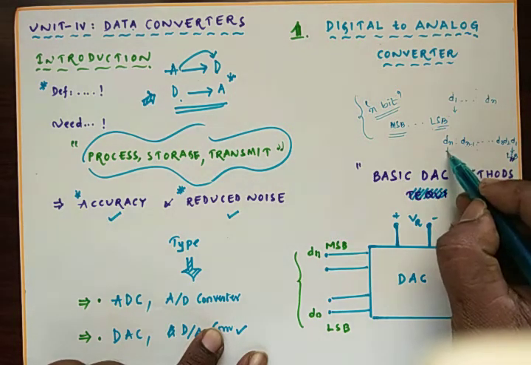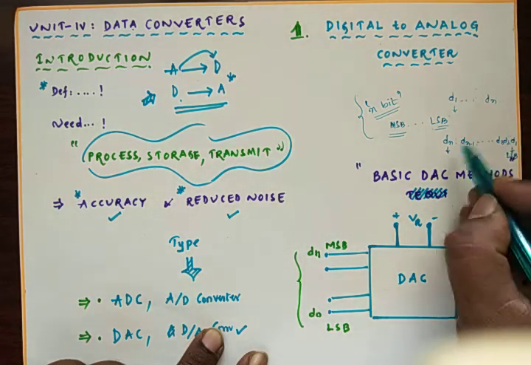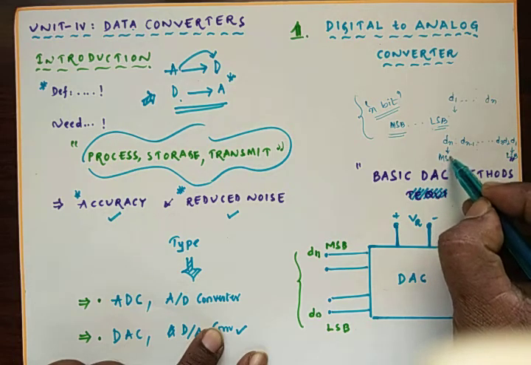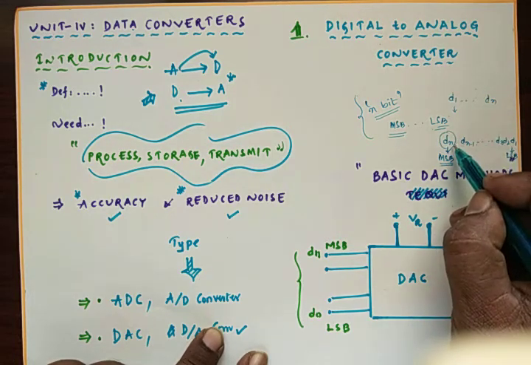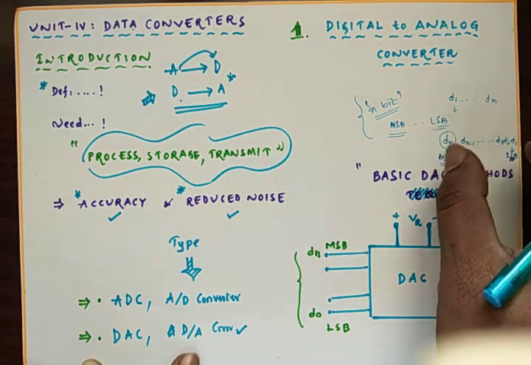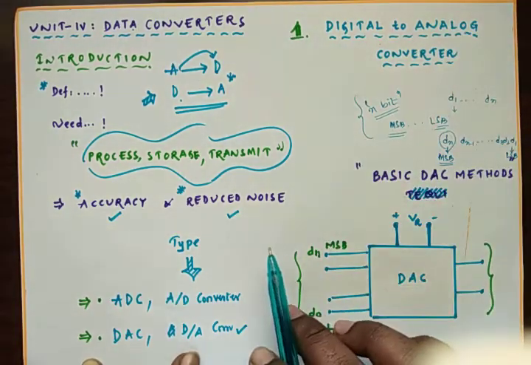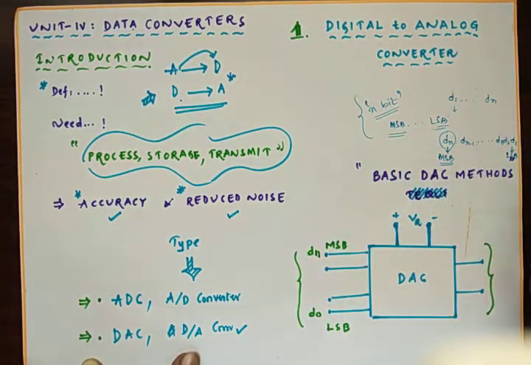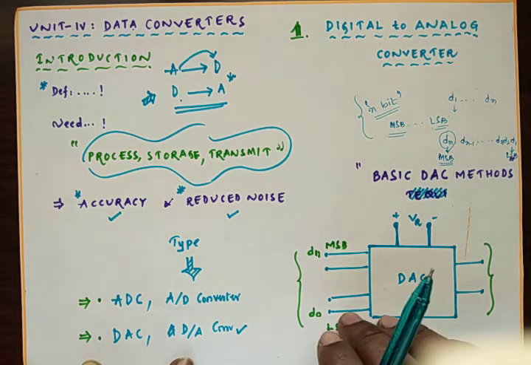The bit which has the least positional weight is called the least significant bit, and the binary digit which has the most positional weight is called the MSB, the most significant bit. This word can be accepted as an input for the digital to analog converter. Then that converter converts this digital form of data into its equivalent analog form.